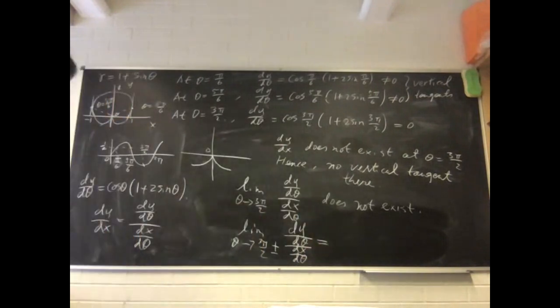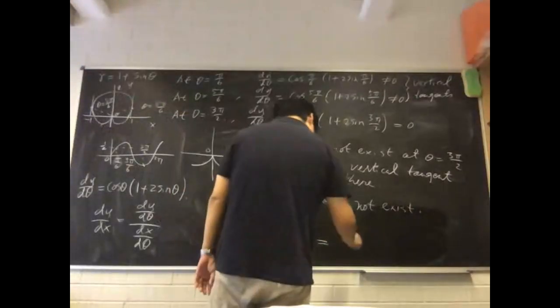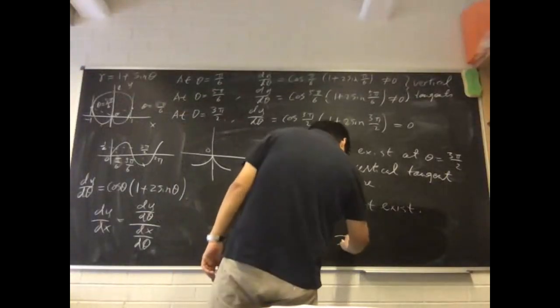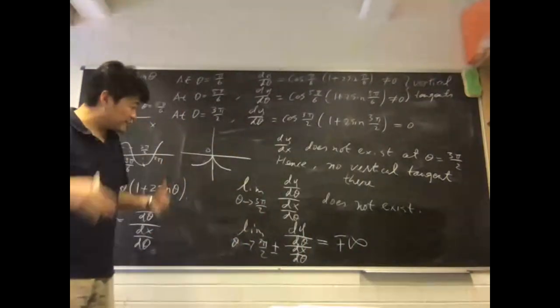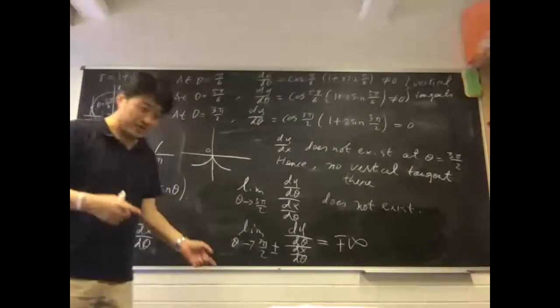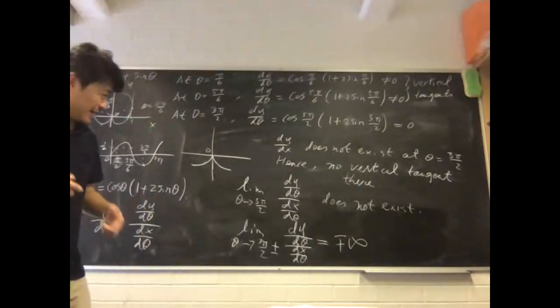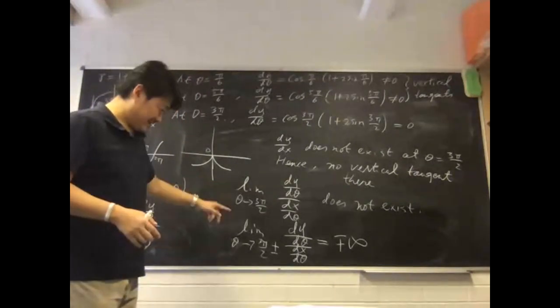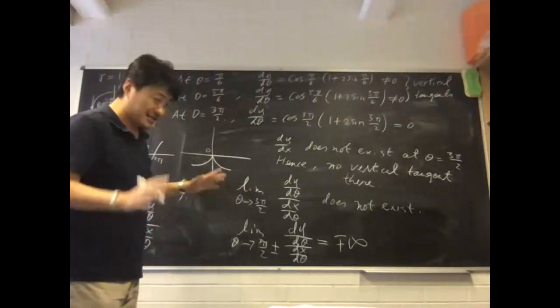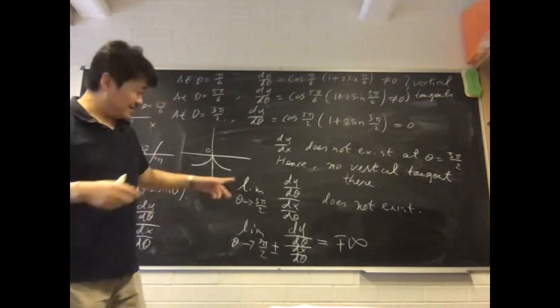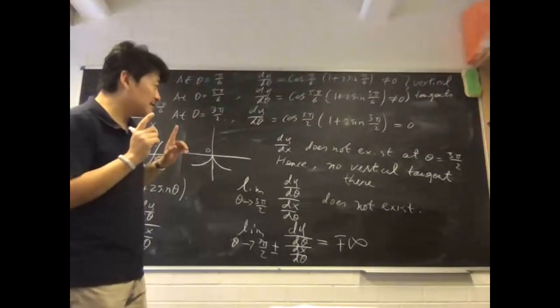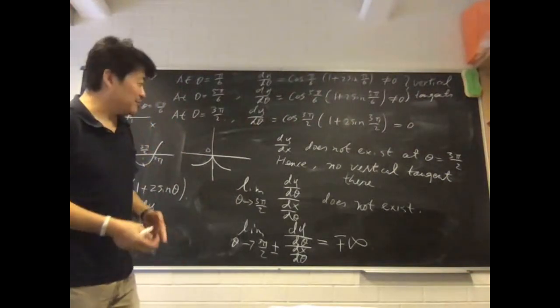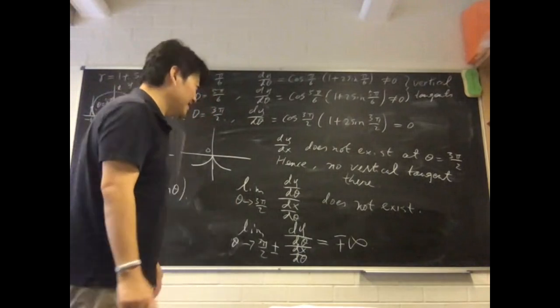If you come in from the left, you get positive infinity. And if you come in from the right, you get negative infinity. So the two-sided limit does not exist. The two one-sided limits exist, but the limit itself does not exist. That tells you that the function is not differentiable there, which tells you that there's no tangent line there, which means there is no vertical tangent line.